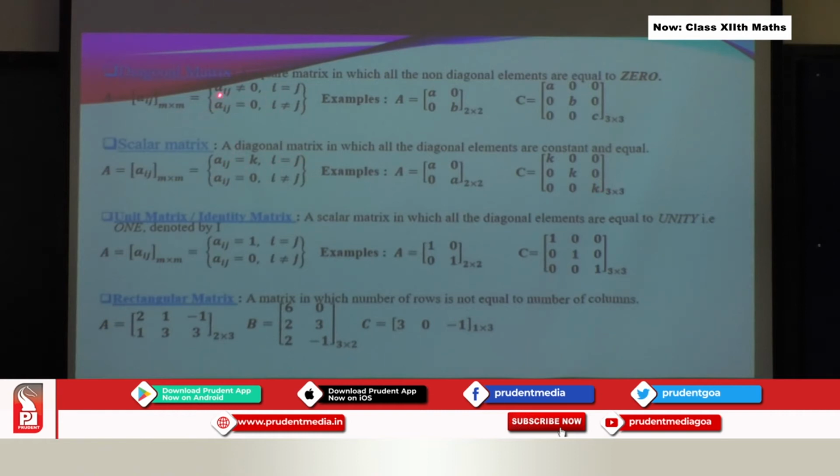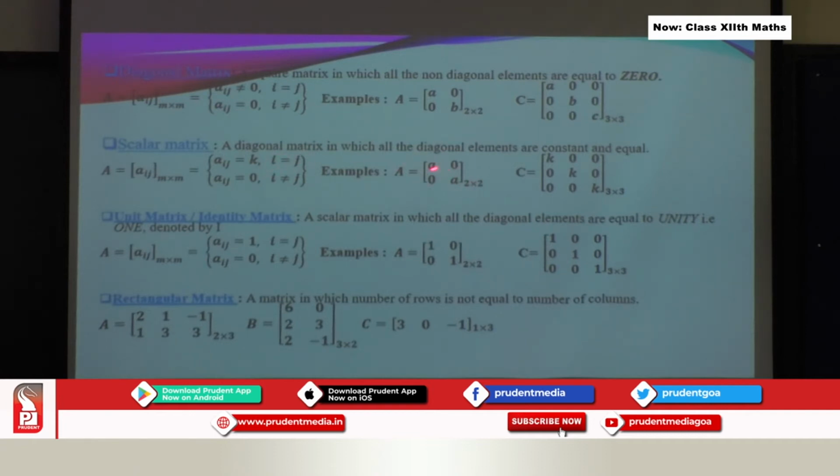Now here see the same definition goes. Here I said Aij is not equal to 0. So not equal to 0 means any number, right? So here I say for a scalar matrix Aij is equal to k, one particular number. Okay, and here you can see i is equal to j. What does it signify?